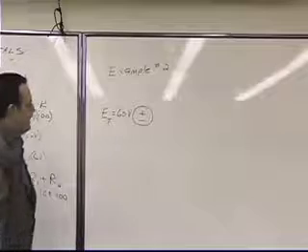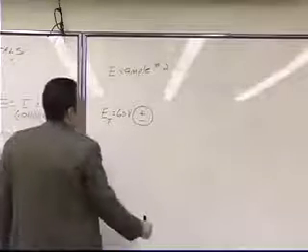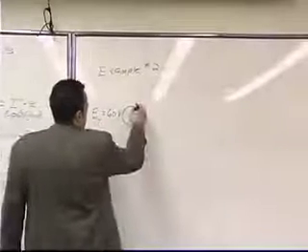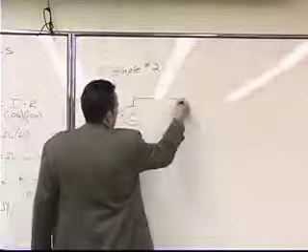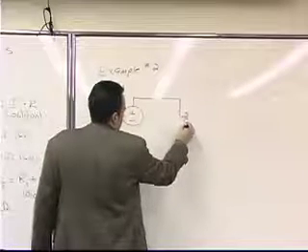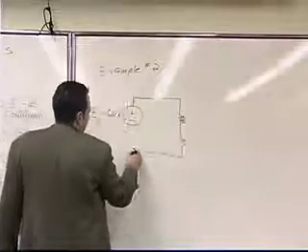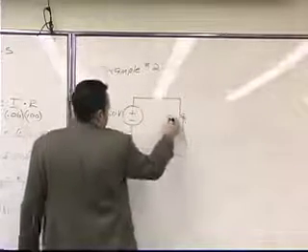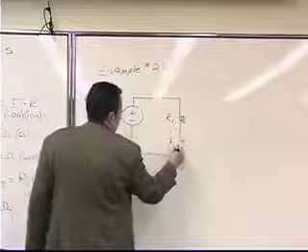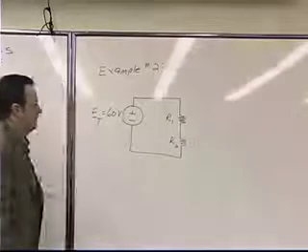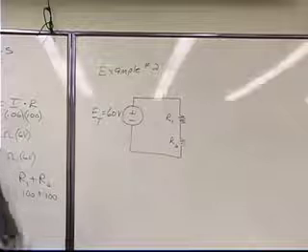Okay? And let's say that we had two resistors. This is resistor 1. This is resistor 2. Now, somebody give me a value for resistor 1.